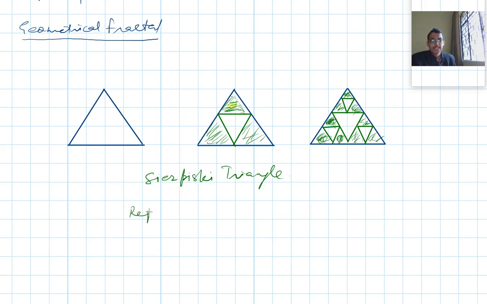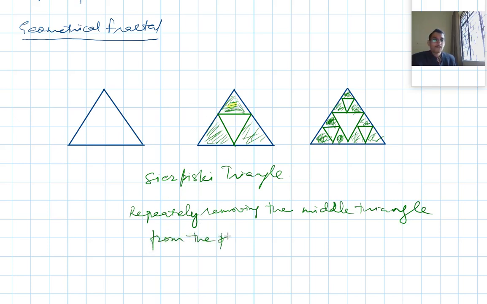Here what we did was repeatedly remove the middle triangle from the prior generation, and we get a very interesting pattern. So this is all about fractals.